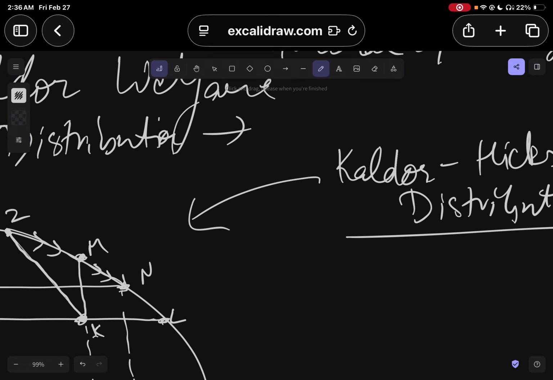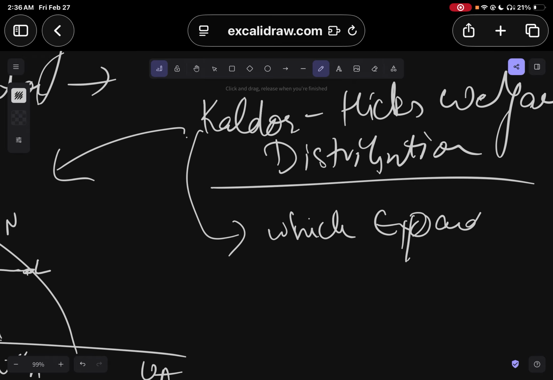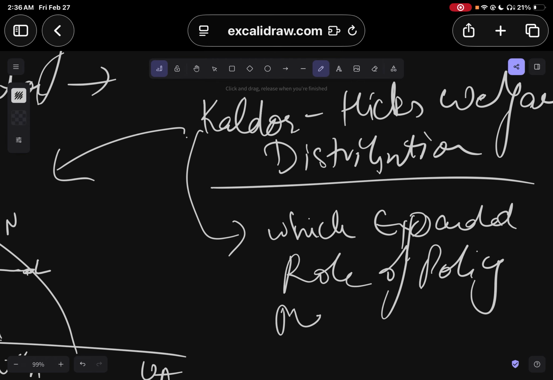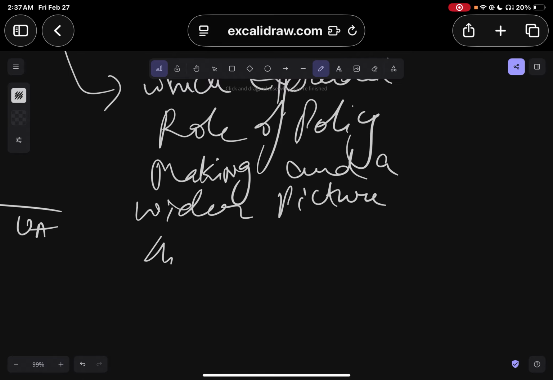Kaldor said this part, which expanded the role of policy making and gave a wider picture than Pareto efficiency.